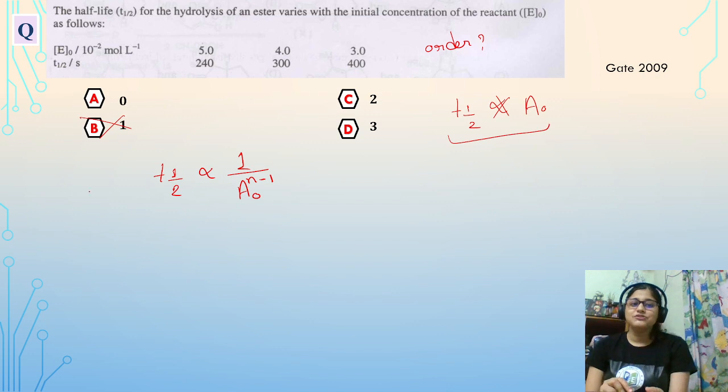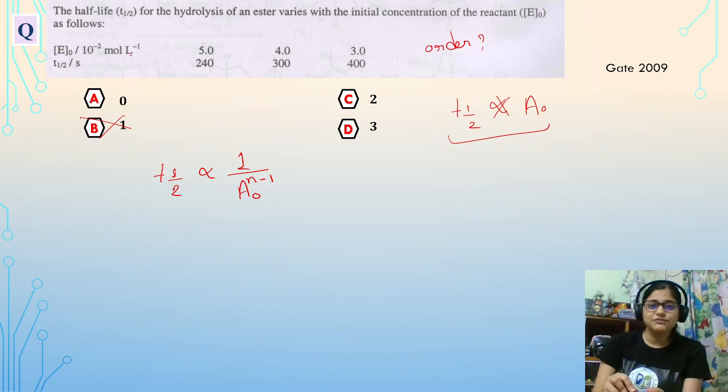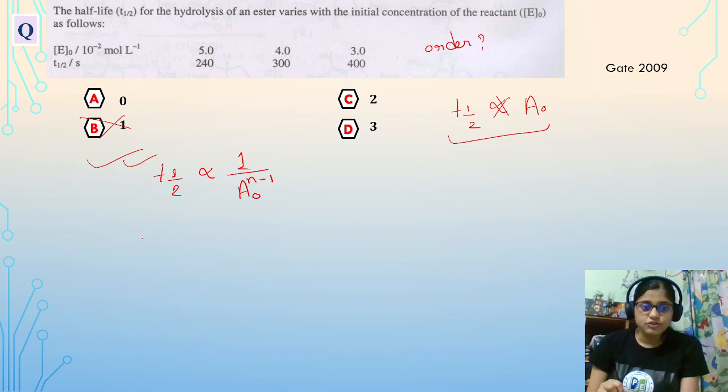Okay. So let's come to these values. So how can we solve this? So let's take T half value from this one, 240 equal to, let's say, K into 1 by 5 to the power n minus 1.